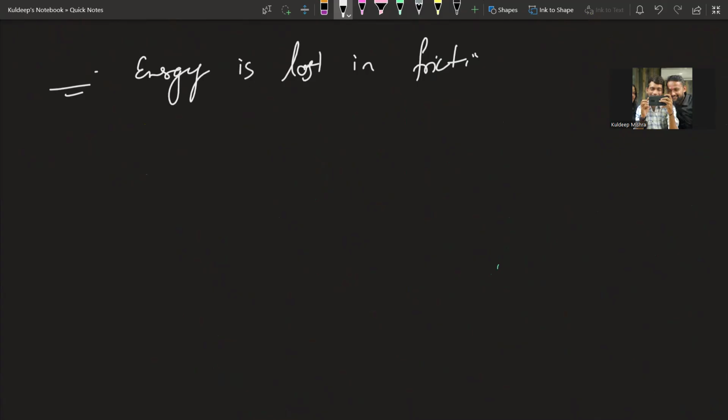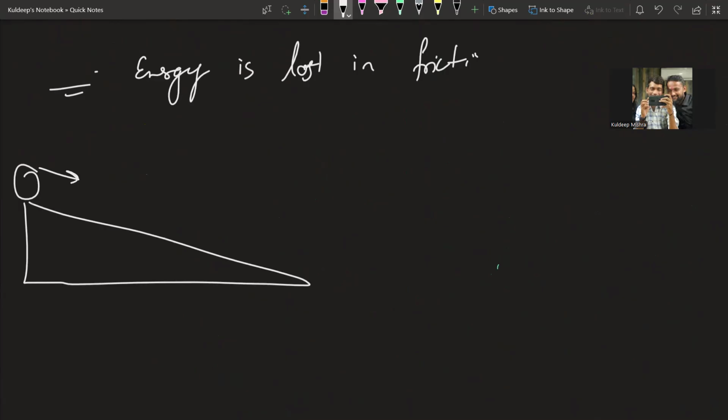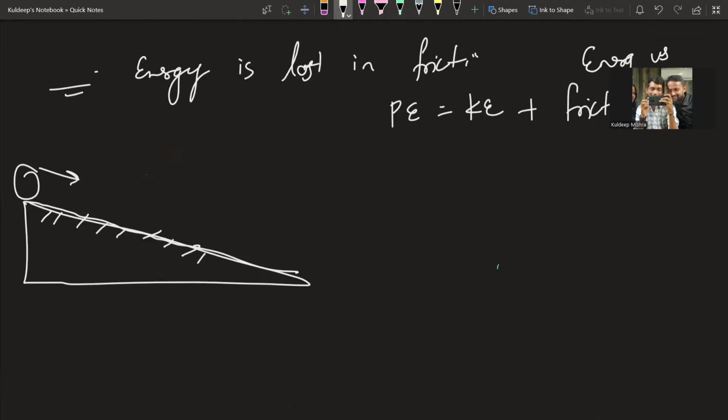But if in a question it is given that, let us say they say that there is a ball here and it starts going down. So its potential energy is obviously getting converted into kinetic energy, but it is not just getting converted into kinetic energy. Some energy is also used to overcome this friction. Okay, plus energy used to overcome friction. You can't say friction because friction is a force, and these two things are energy.